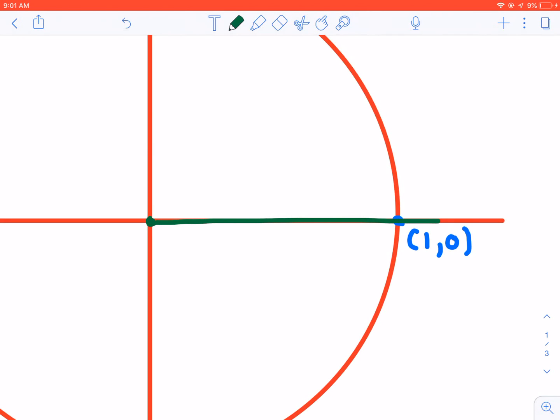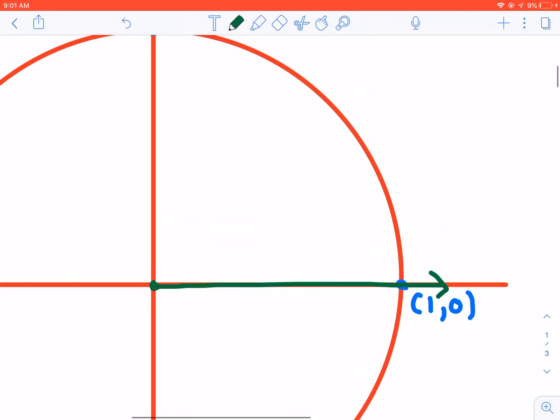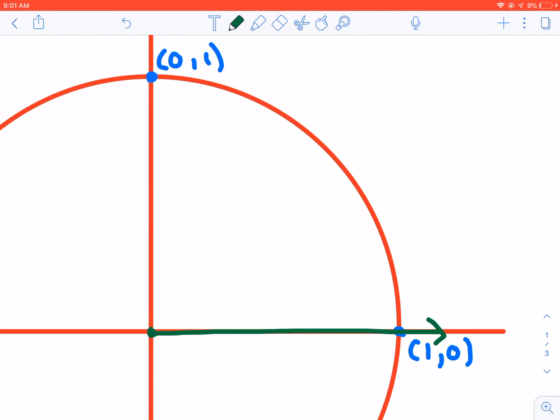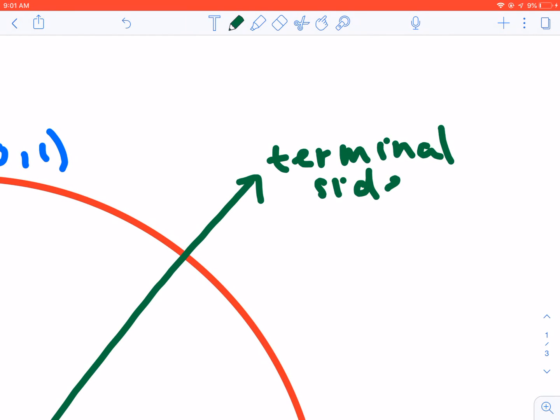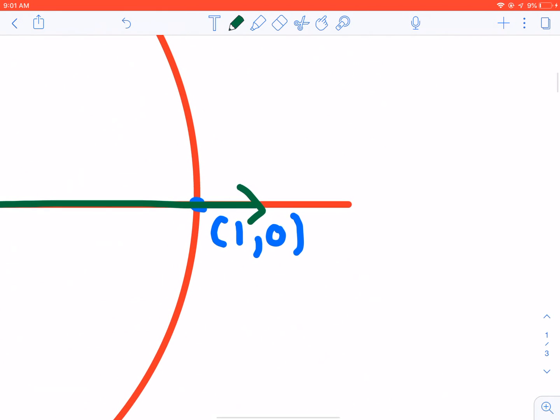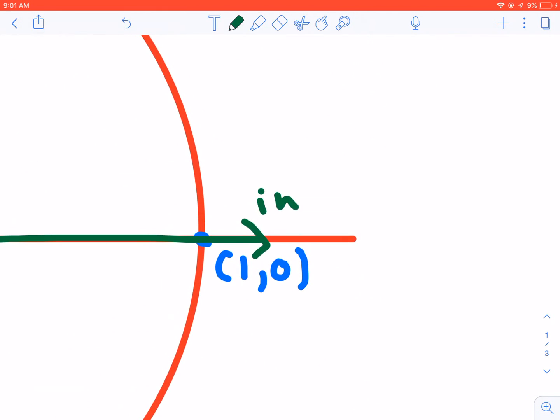And that's going to be the initial side of our angle. And I'm going to draw it until some terminal side, let's say over here. Alright, so that's the terminal side of our angle. And this guy, this will always be the initial side of any angle.